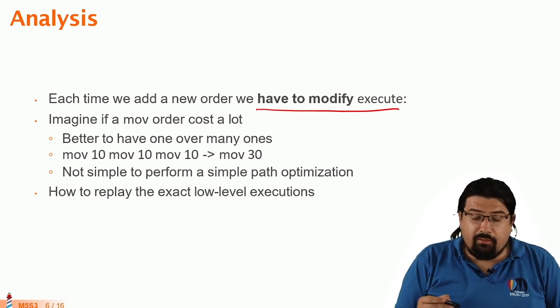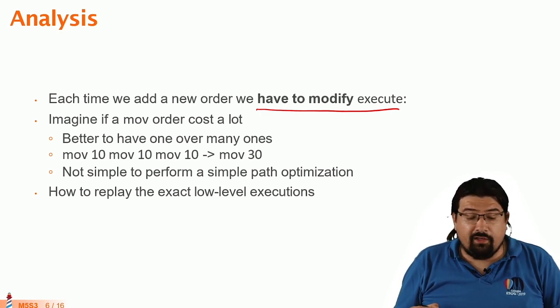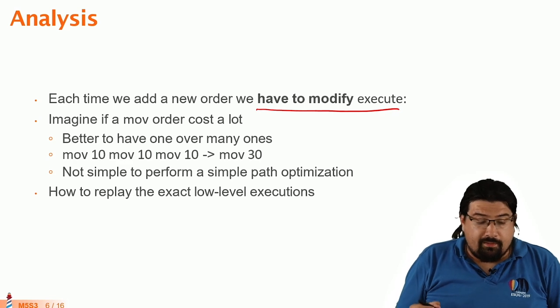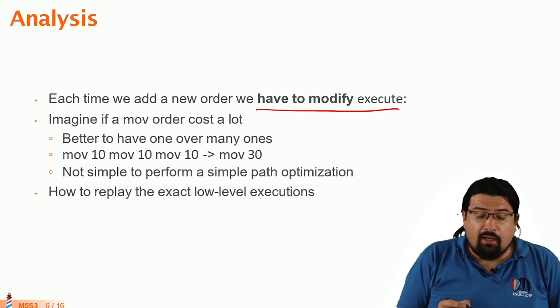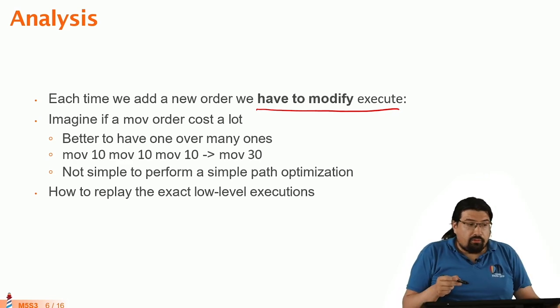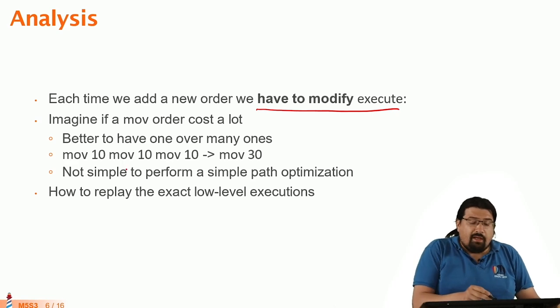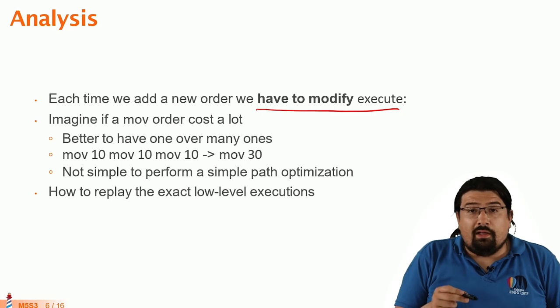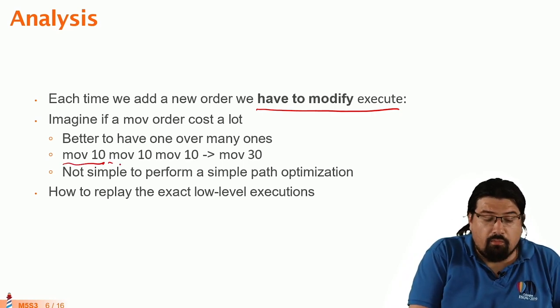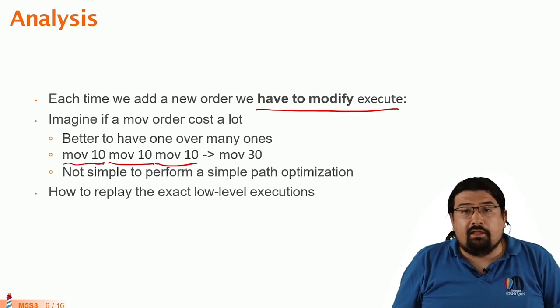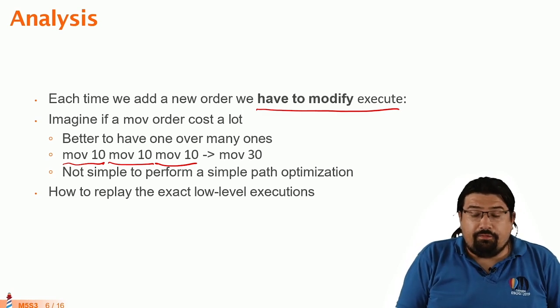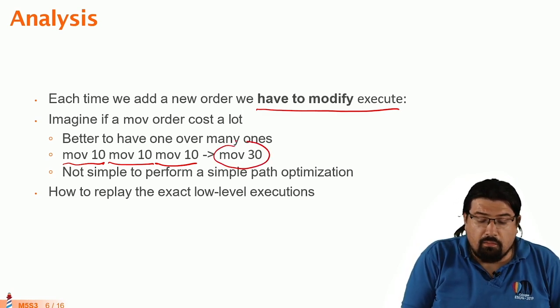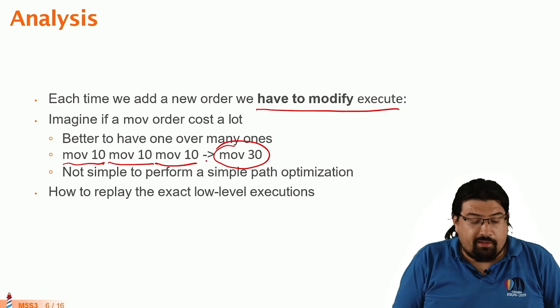Also, imagine if we want to have orders that are more complex. In this scenario, we can have an order that allows us to execute many moves at the same time. Let's see, for example, if we execute move 10, move 10, and move 10, that is more expensive, so we can unify them in a single move 30.